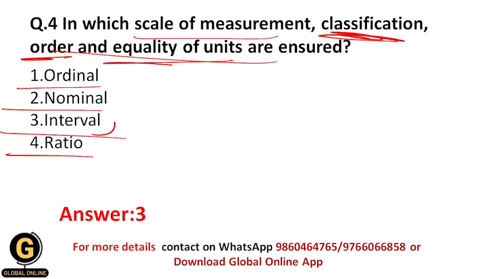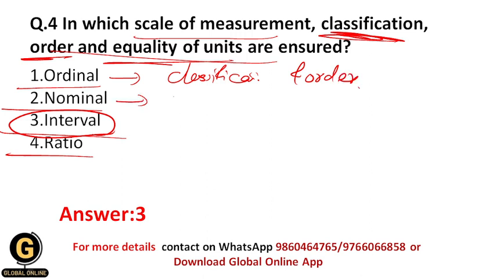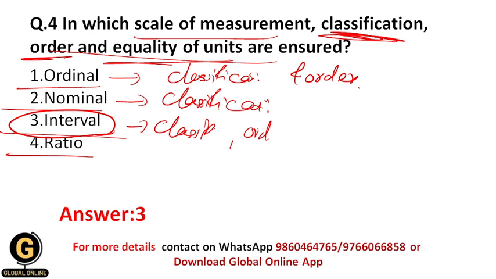As I have told you earlier in this video, ordinal scale includes classification and order. Nominal scale includes only classification of the variables. Interval scale includes classification, then order and equal unit.